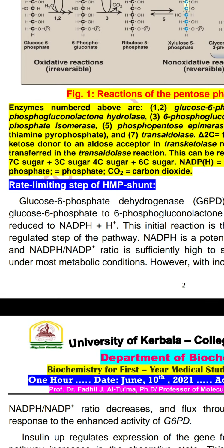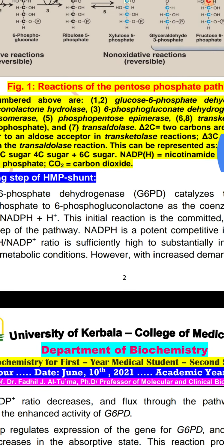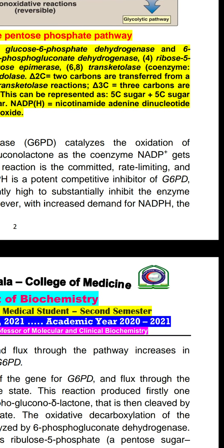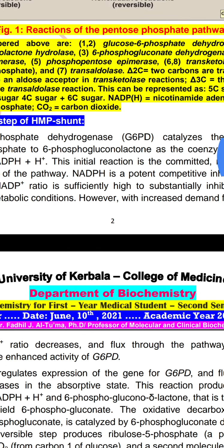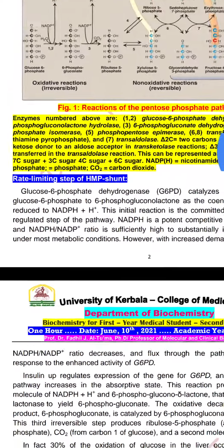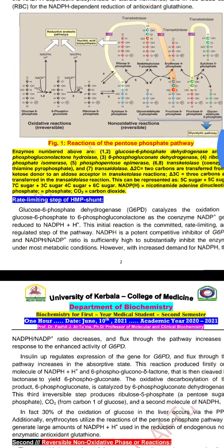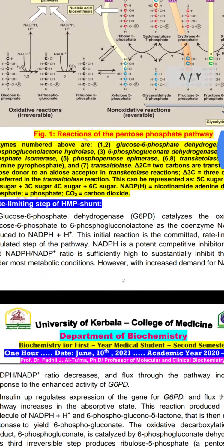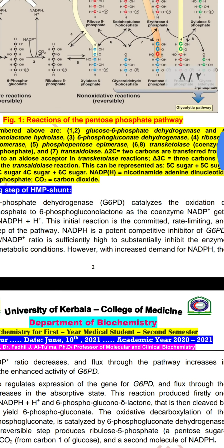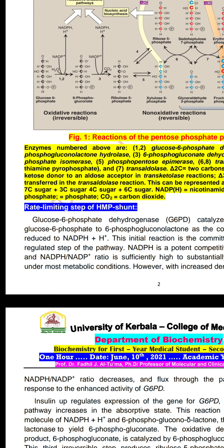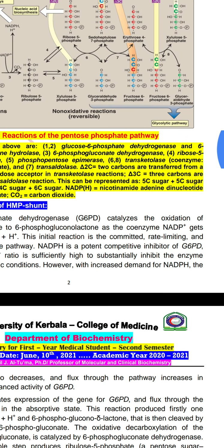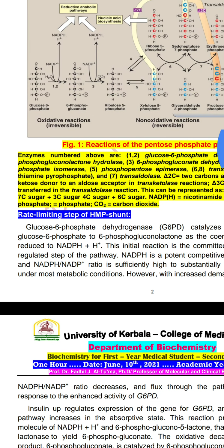The glucose 6-phosphate dehydrogenase is the rate limiting enzyme that catalyzes the oxidation of glucose 6-phosphate into 6-phosphogluconolactone as the coenzyme NADP+ gets reduced to NADPH with hydrogen, that means the reduced coenzyme form.